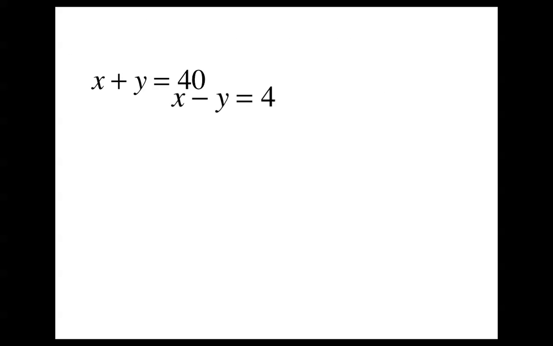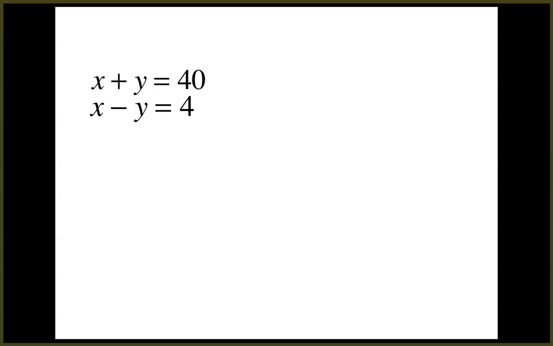So here's what I'm going to do first. When I use the elimination method, my first step is I want to line up the two equations on top of each other so that the x's line up and so that the y's line up. Notice on here that the x's make a nice column, the y's make a nice column, the equals line up, and then everything else lines up over here on the side.